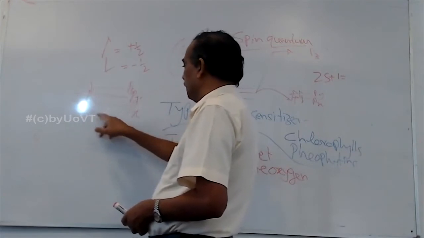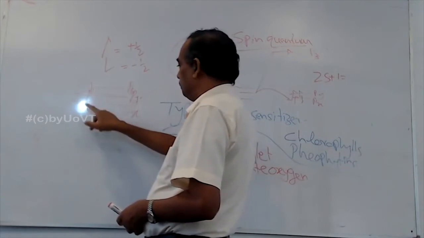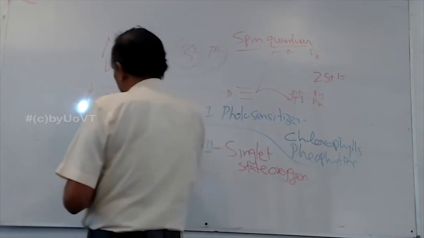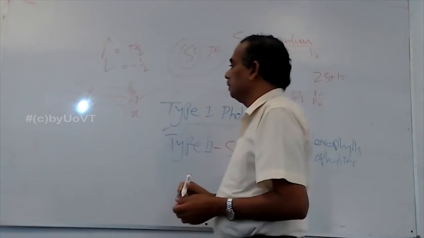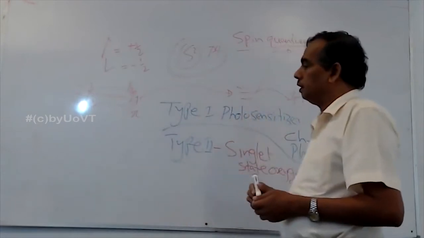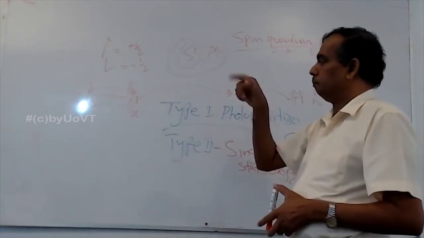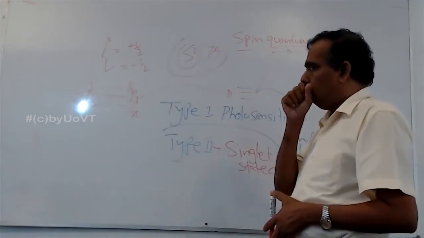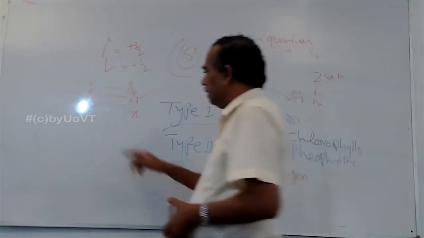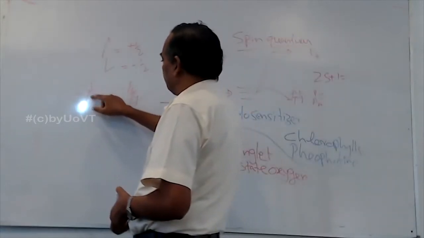Px means a paired electron. When you draw the paired electron, you have to draw it like that, upward and downward in the one system. That is 0.